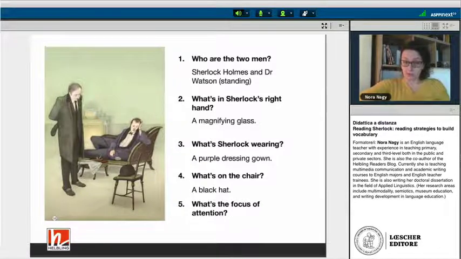The two men are looking at... You follow the little lines coming out of their eyes. We can all agree that they are looking at the hat. And the title of the chapter is The Old Hat. So we can see that this is the focus of attention here.